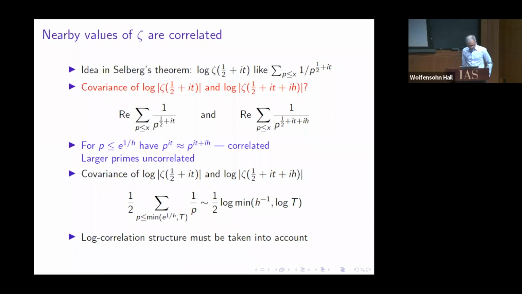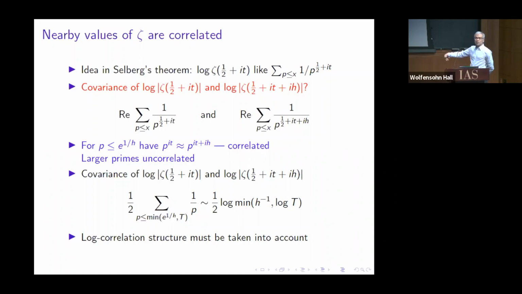So there's a good reason for this, and the reason is that if you take the log of two values of the zeta function that are close to each other, and pretend that they behave like sums over primes, then for the small primes, less than e to the 1/h, these values are more or less the same.